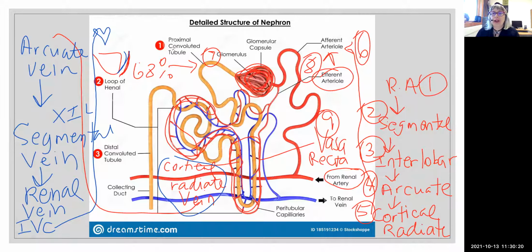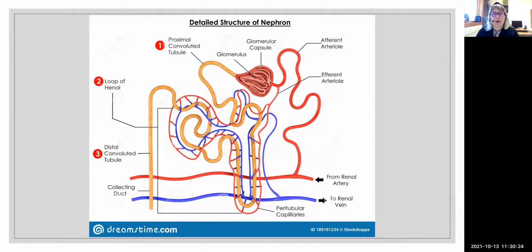All right, so now I'm going to erase all this and go on to, well, meanwhile, just like when we talked about the heart, simultaneous things are happening at the same time. We have formed filtrates around the glomerular capsule, yes? So now what? Now that filtrate is going to go into the proximal convoluted tubule, and it's numbered here.